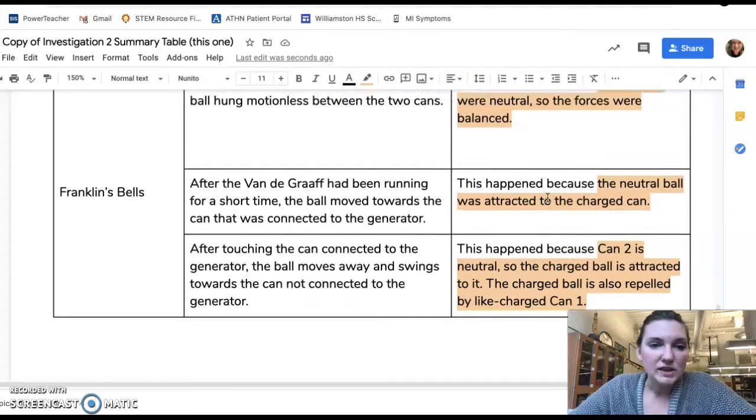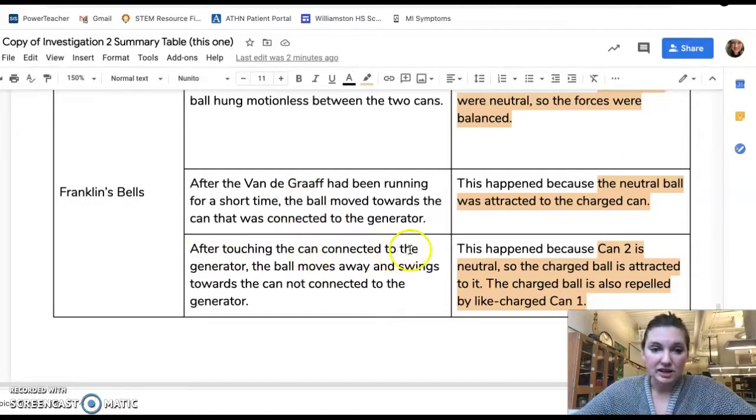After the Van de Graaff had been running for a short time, the ball moved towards the can that was connected to the generator. This happened because the neutral ball was attracted to the charged can. A charged object will attract a neutral object to try to balance its charges.